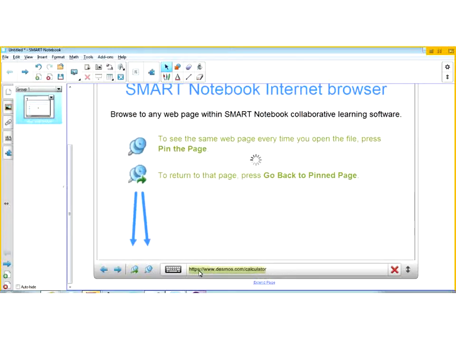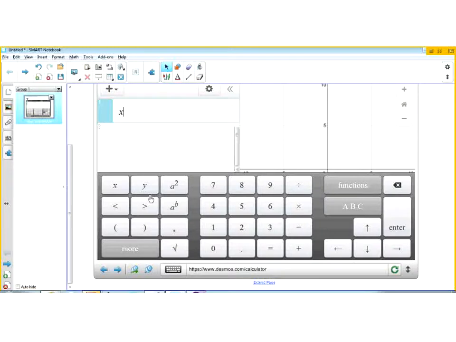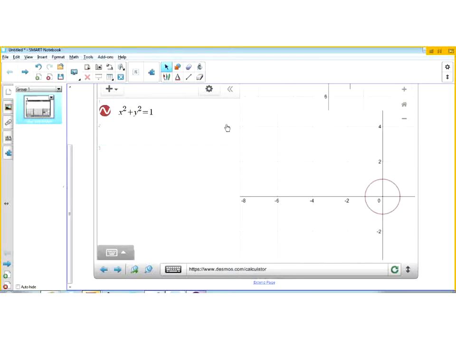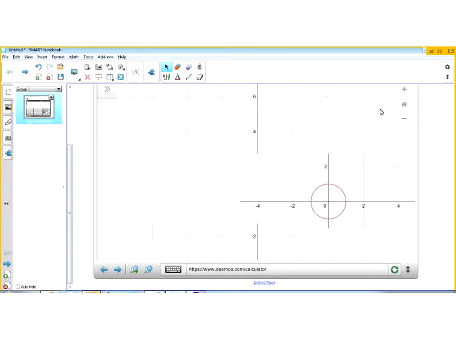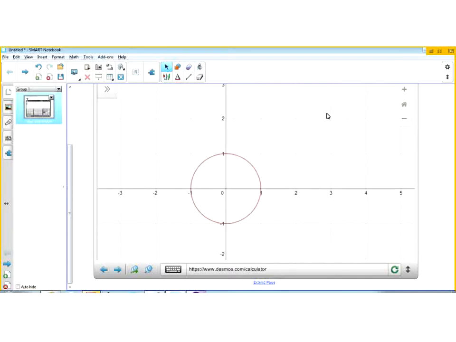And we'll first start off by plotting the graph of the unit circle. All right, so that would be x squared plus y squared is equal to 1. All right, and so the red graph is the sketch of that graph.